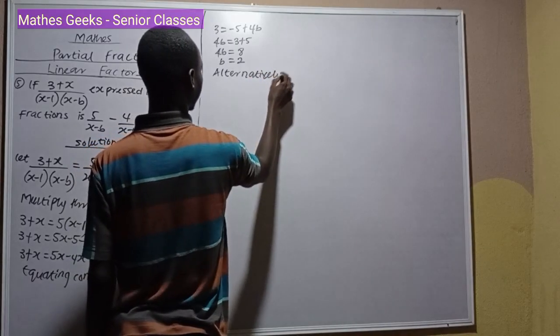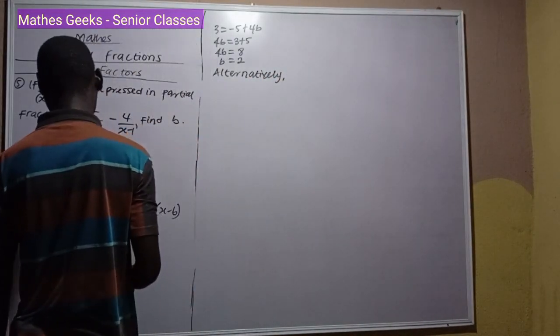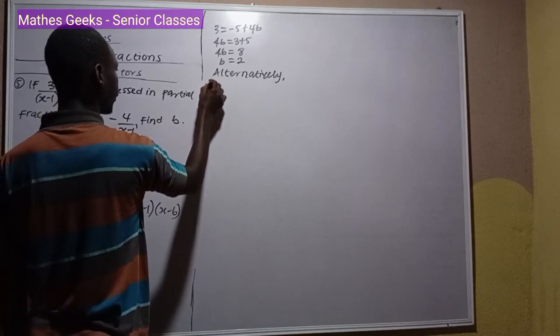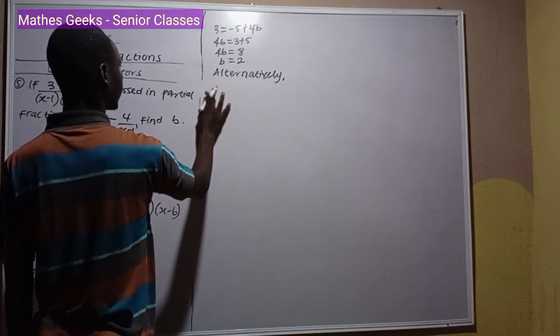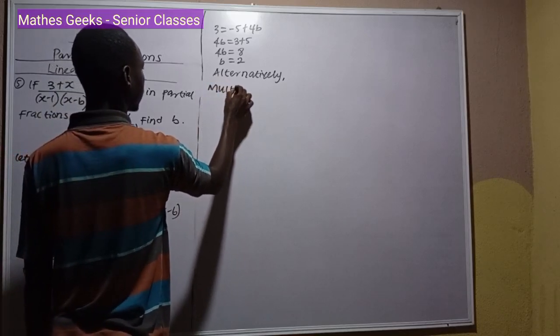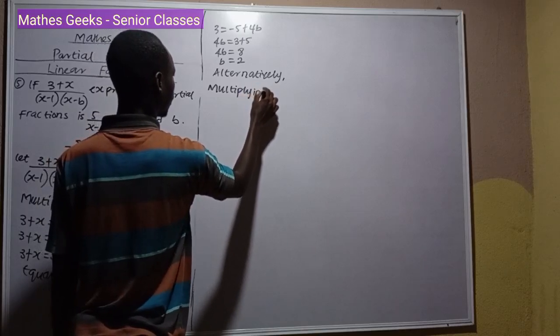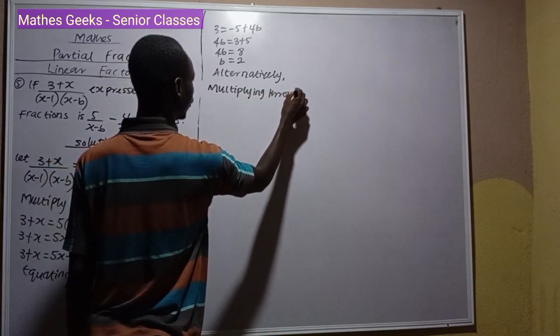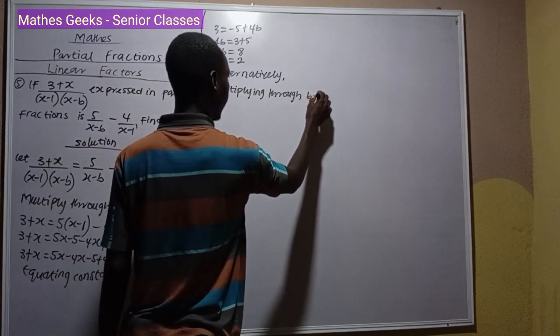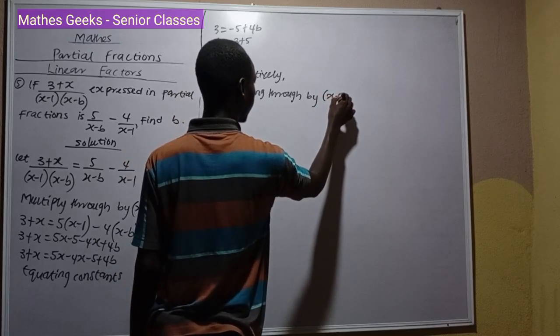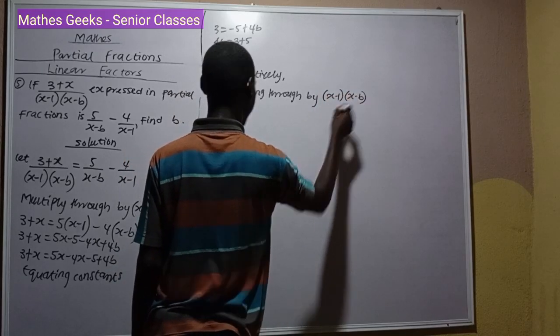Alternatively, we can solve it this way. You can see 3 multiplying 2 by x minus 1, x minus 2.